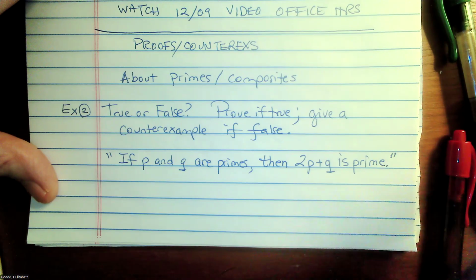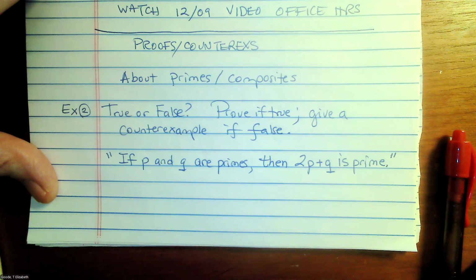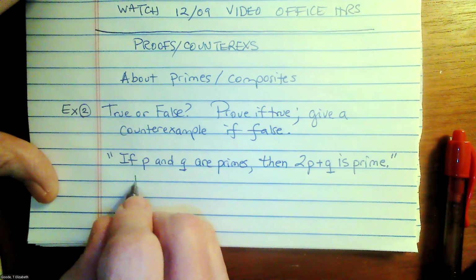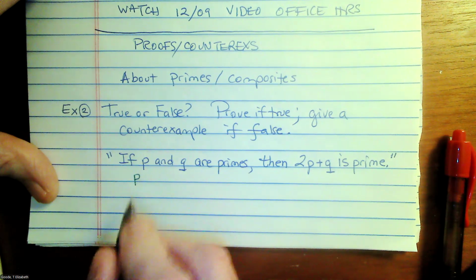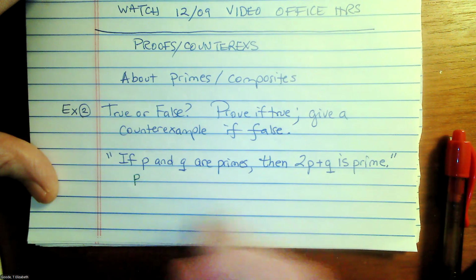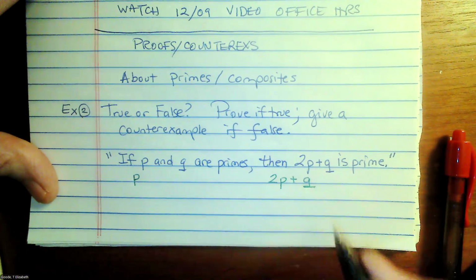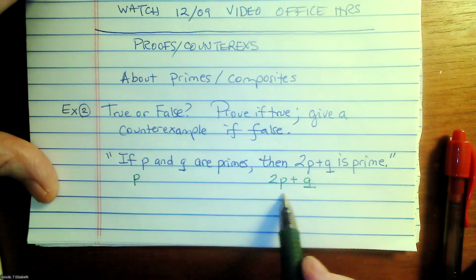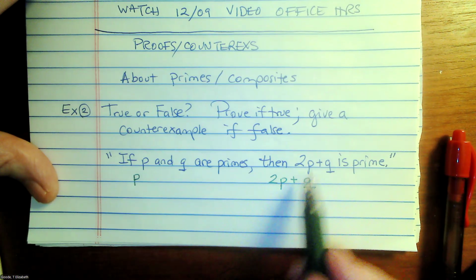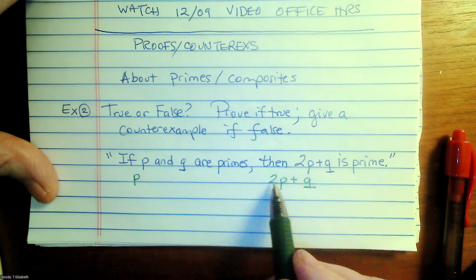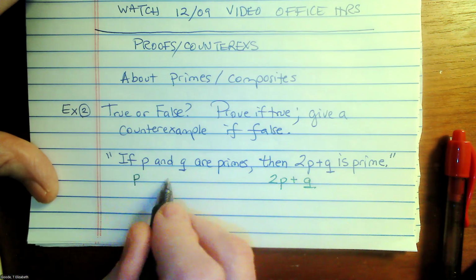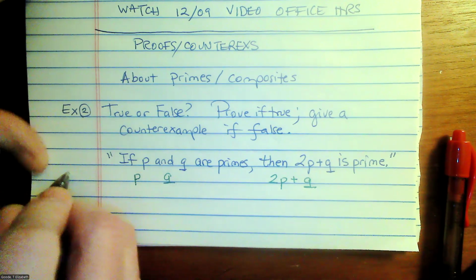So what this is saying is essentially that we assume that P and Q are prime, then 2P plus Q is prime. It's 2P plus Q. All right, let's do some scrap.